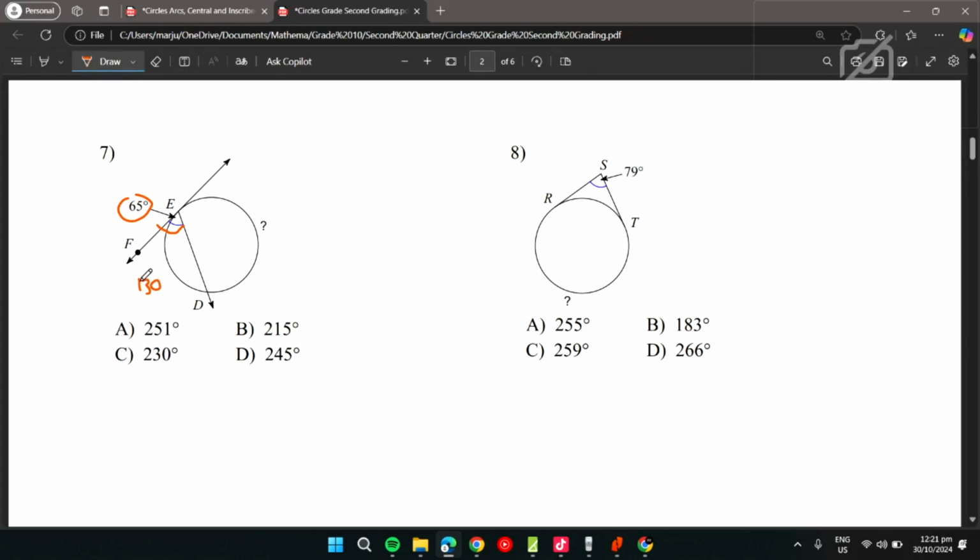And again, since this is 130, the remaining arc is 360 minus 130. That is 230. So again, ito yung sagot natin. Yeah, double 65 and then subtract from 360. Very good. Tama yan, Gab.